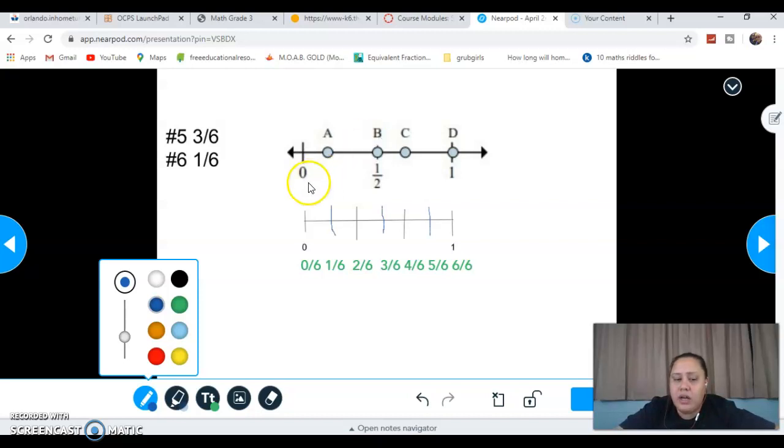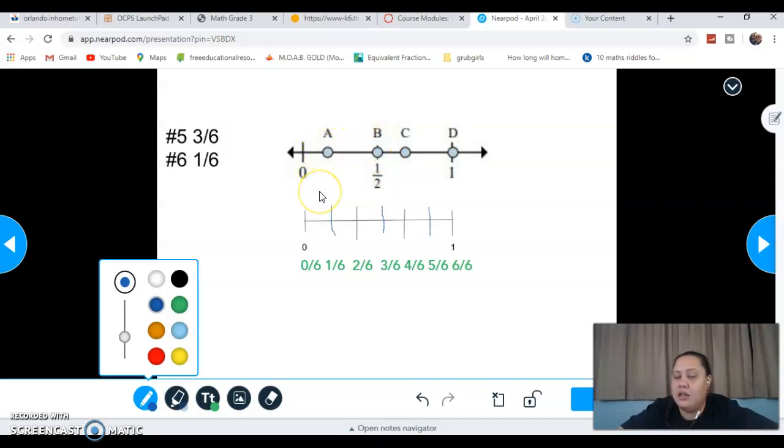If I'm talking about 1/6, I know it's not close to the 1, because that would be 6/6. And I just found out 3/6 was halfway. If I know 3/6 is definitely bigger than 1/6, there's really only one choice here.